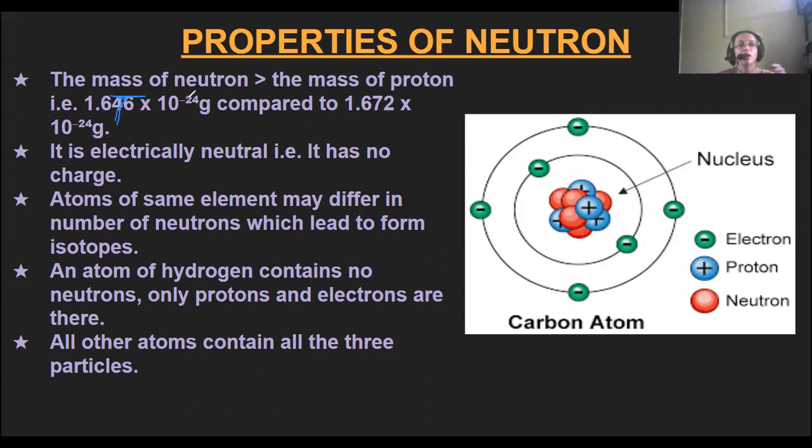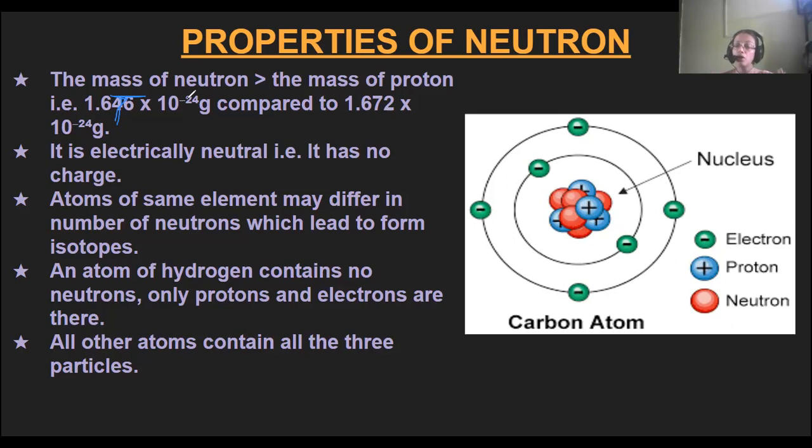Then it is electrically neutral, that is, it has no charge, and atoms of the same element may differ in the number of neutrons, which leads to the formation of isotopes. One thing to note is that atoms of the same element can have different masses due to the presence of neutrons.